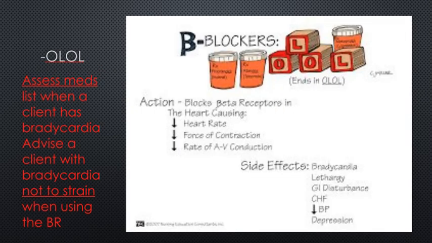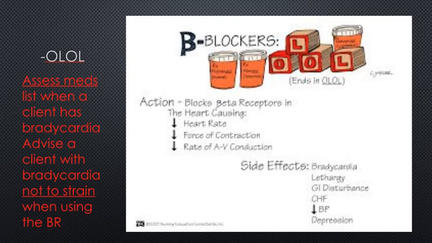And then we get to our beta blockers. Those end in OLOL. And beta blockers work to block the effect of adrenaline on the beta receptor sites, and that blocks the impulse. And if you can think back from pharm, there's two types of beta receptors: beta 1, beta 2.